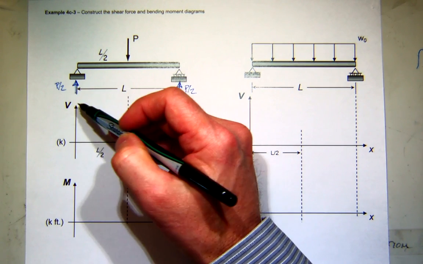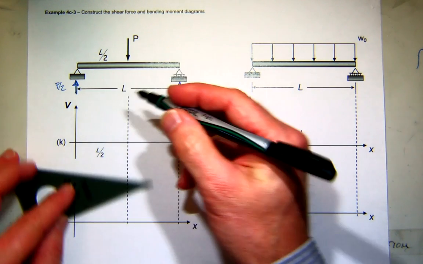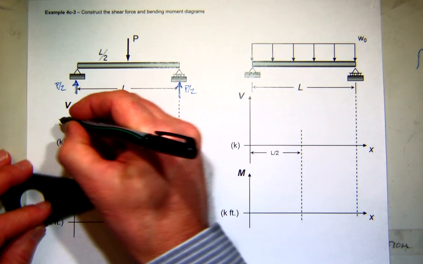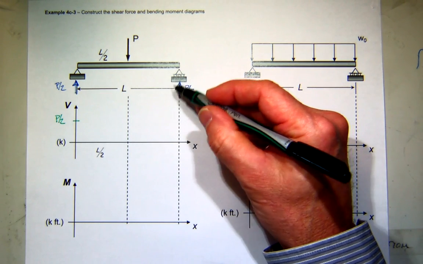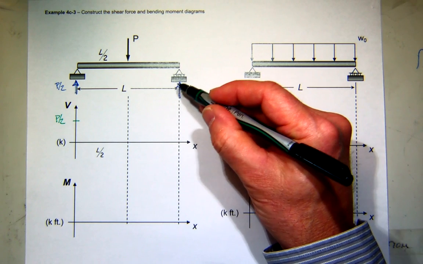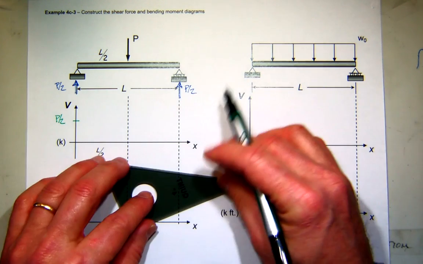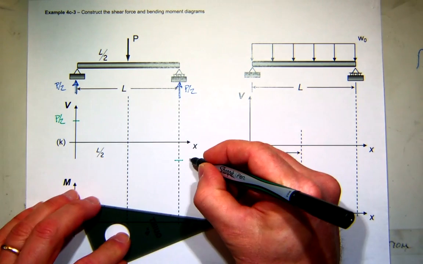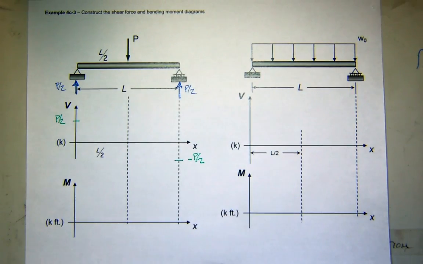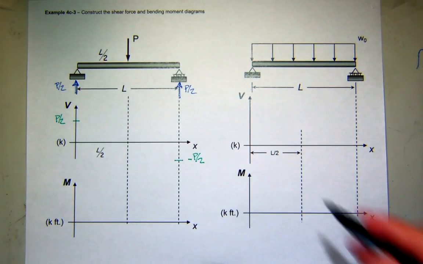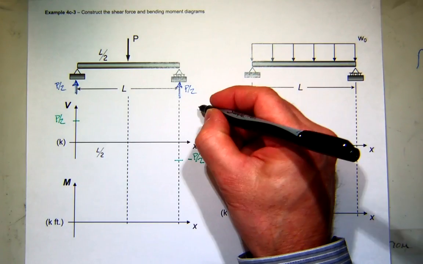Positive or negative shear? That's positive shear, equal to P over 2. What kind of shear is this on the right-hand side? That's negative shear, minus P over 2. So again, I know where I'm starting, I know where I'm going. We'll write the expressions again.